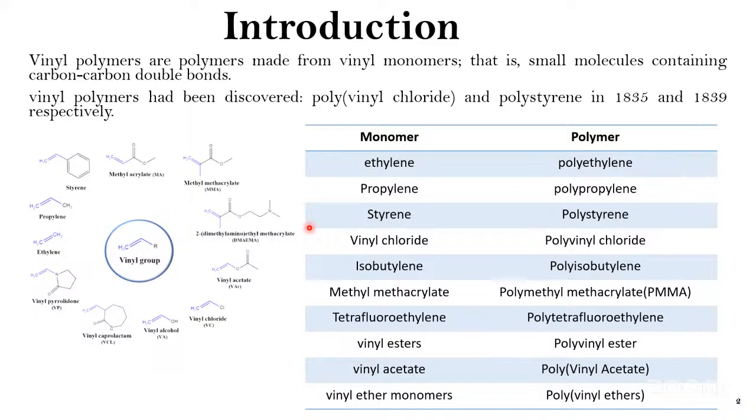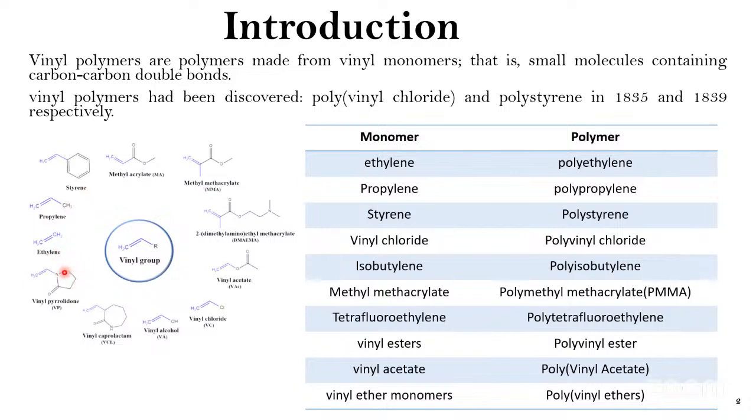And if there is a double bond, we get an addition polymer, addition polymerization. Maximum vinyl polymerization will go into addition polymerization. What is R in the vinyl group? This R can be methyl acrylate, this is acrylate, here this is styrene. Here R means CH3.